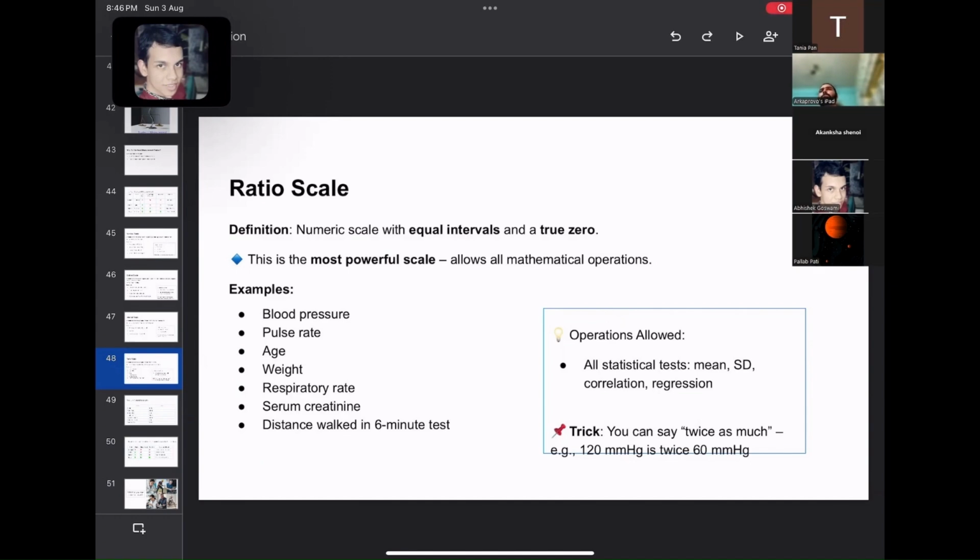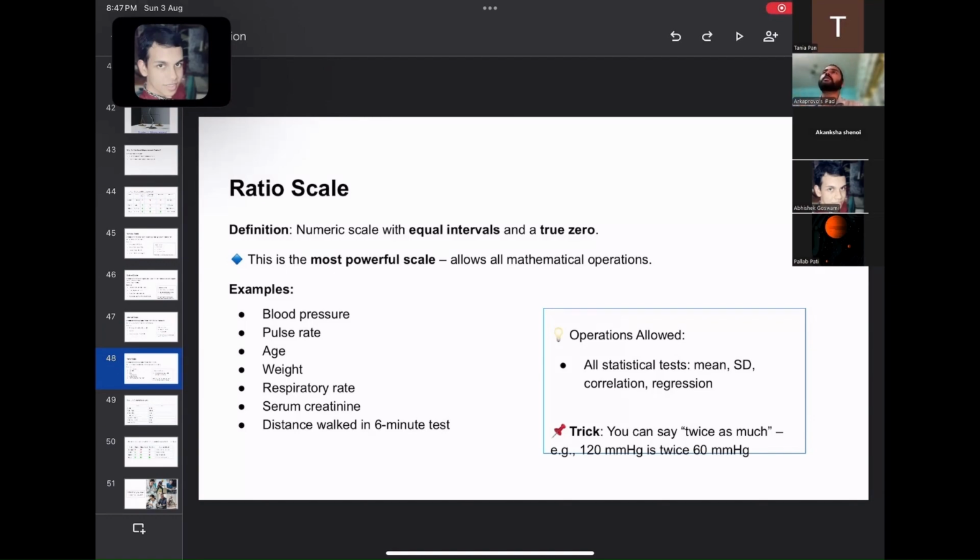Isn't it considered only for living people? Are we just talking about living people only? We are considering data and the scales of measurement. Hear me out. The zero encompasses all kinds of possibilities.